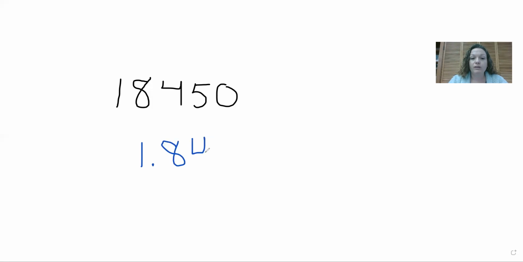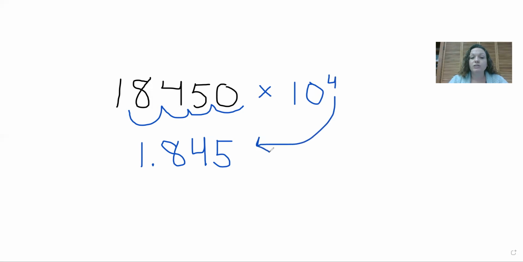So let me rewrite this. Okay, so the answer to this would be times 10 to the, if we have to move the decimal point, we would have moved it 1, 2, 3, 4 spaces. So times 10 to the 4th, and this is our answer.